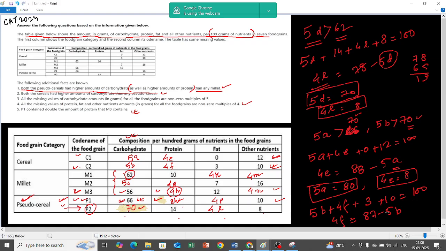Now tell me a multiple of 5. Tell me a value of 5B which is greater than 70, but on subtracting from 87 I should get a multiple of 4. Tell me one such value of 5B. Please at least try one.